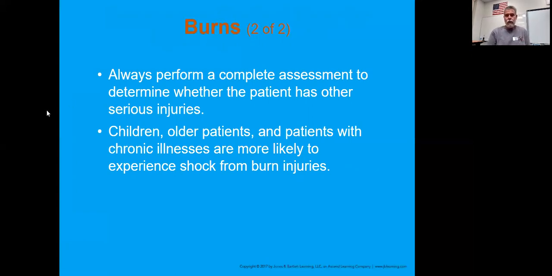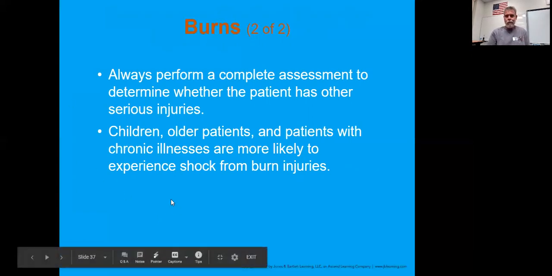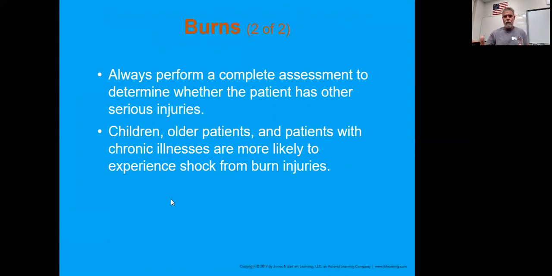Children and older patients, so geriatrics and pediatrics, are more susceptible, right? To shock from these burn injuries. Why? Just think back to that thinner skin that they actually have, and it may not take as long for that to burn down to deeper levels, and then it allows more fluid to be lost.